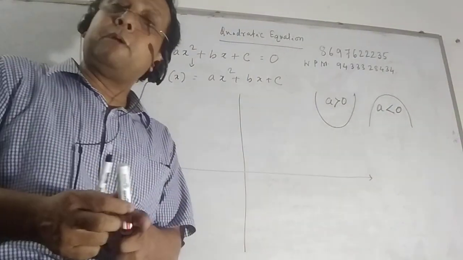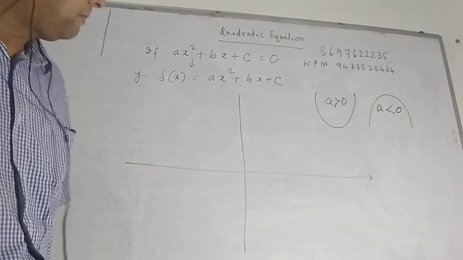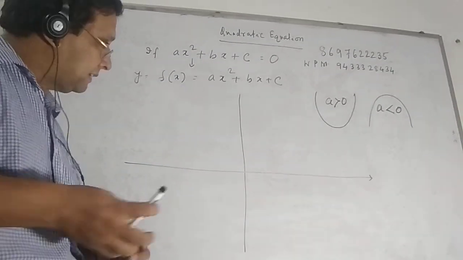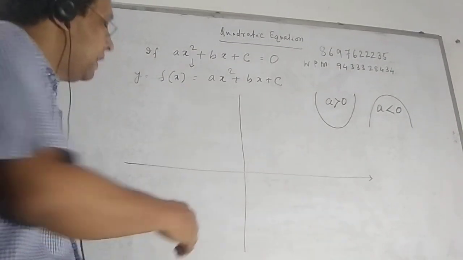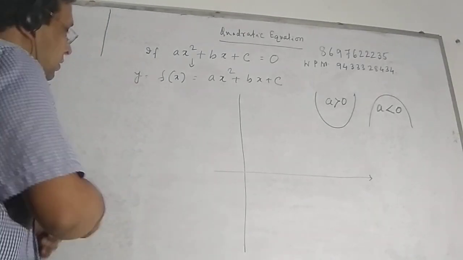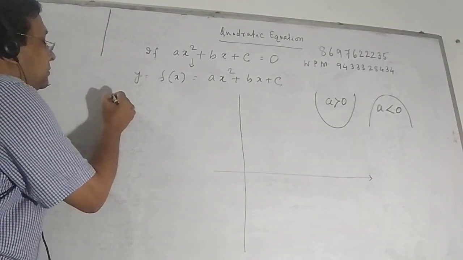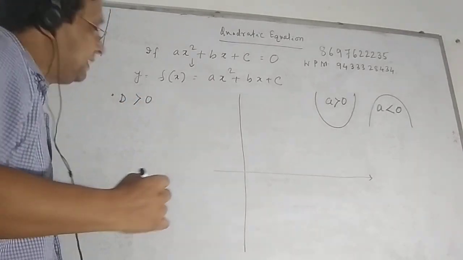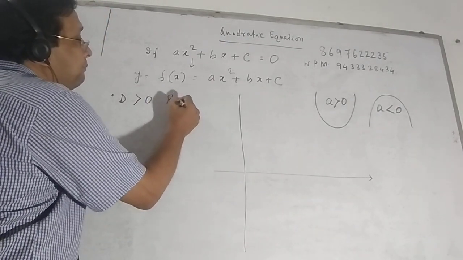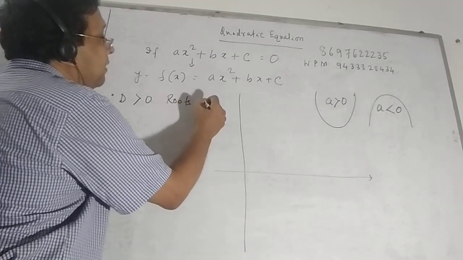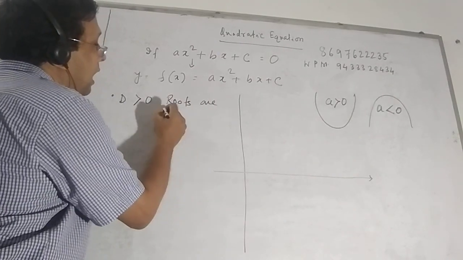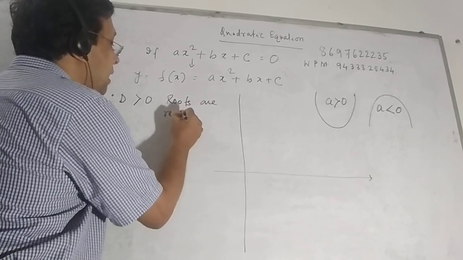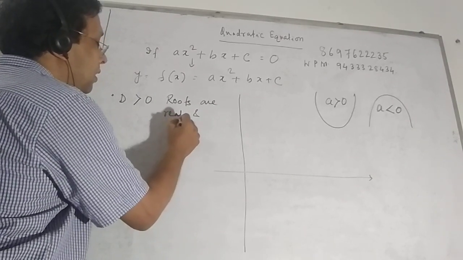Children, what does the concept of discriminant mean? In class 10 also we have done it, and I have also taught it in my previous classes. Still, just for your recapitulation, I would like to tell you. Number one, these are the concepts required. If D is positive, this means the roots are real and distinct.